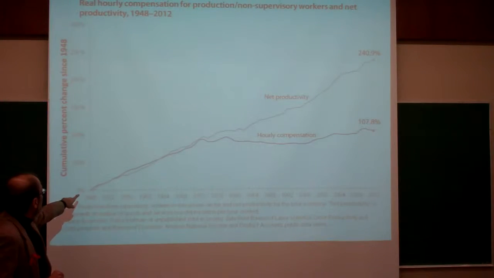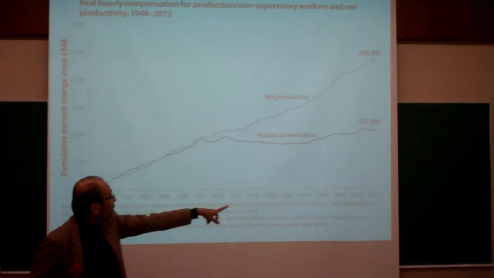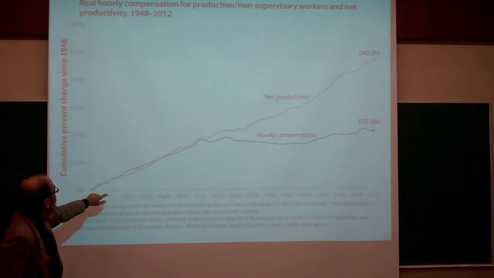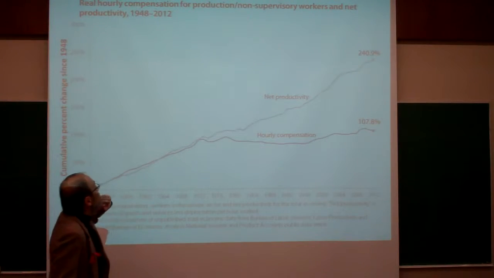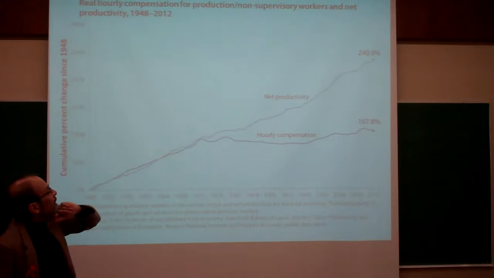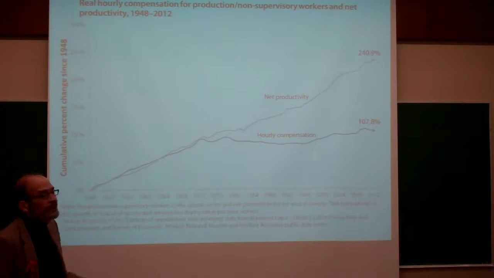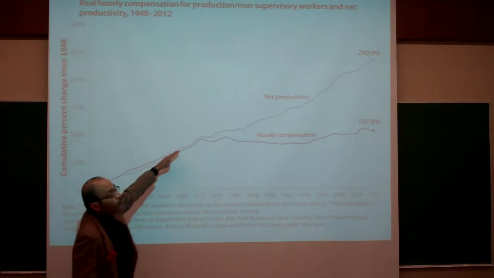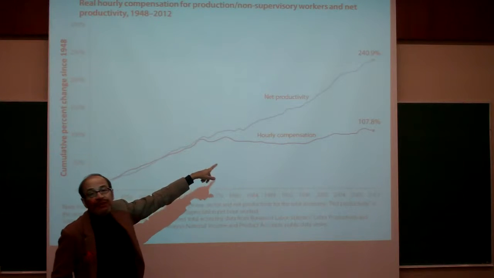This is for the US from 1948 to 2012. So between 1948 and 1971, the growth in hourly compensation and productivity has been growing very close to each other. But then they diverged. And that has not changed at all.